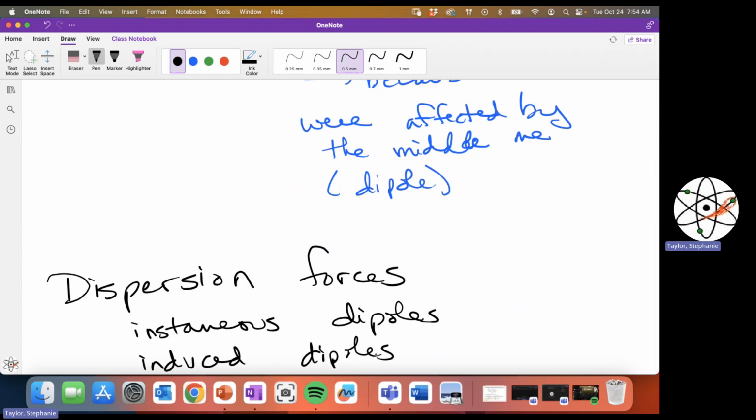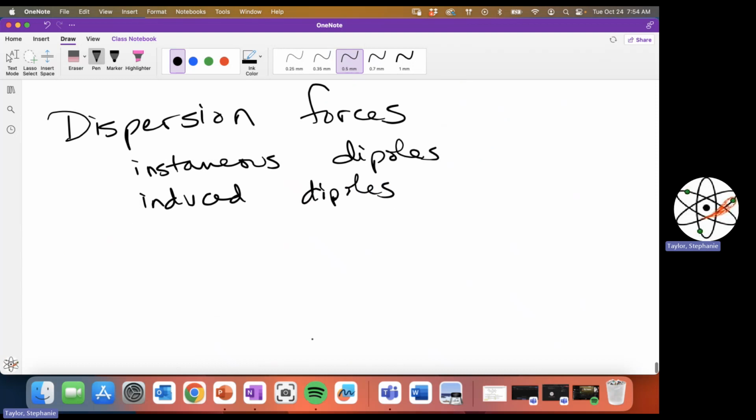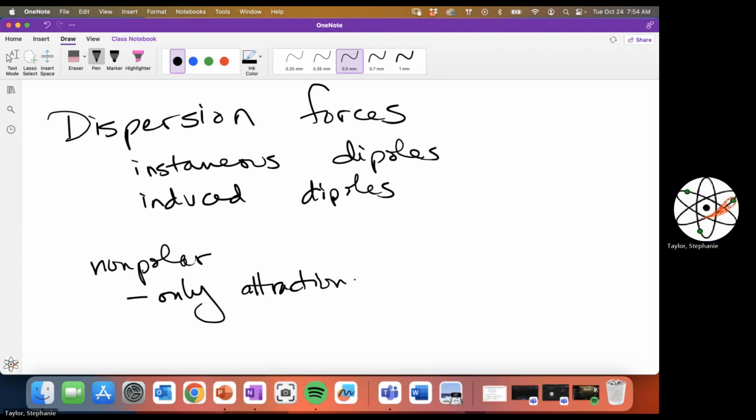That's where they come from. Whenever we talk about dispersion forces, we often talk about them in the context of nonpolar molecules, and that's because this is the only thing that holds nonpolar molecules together. So these are the only attractions for nonpolar molecules.